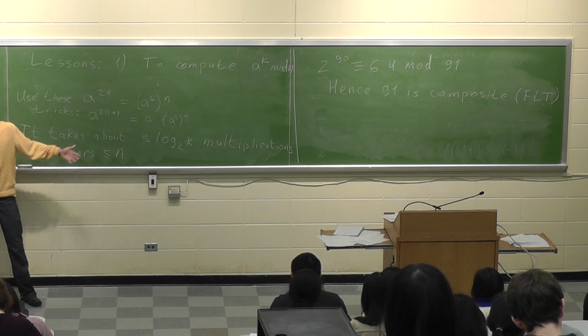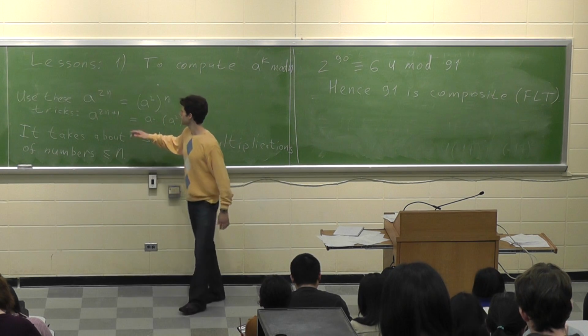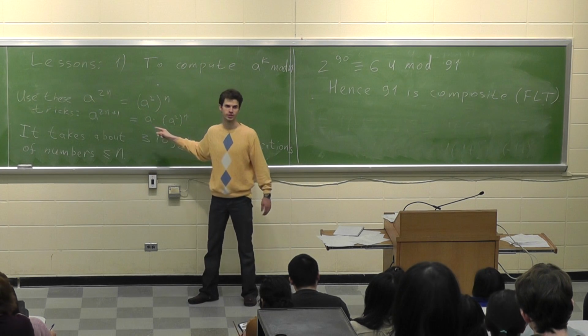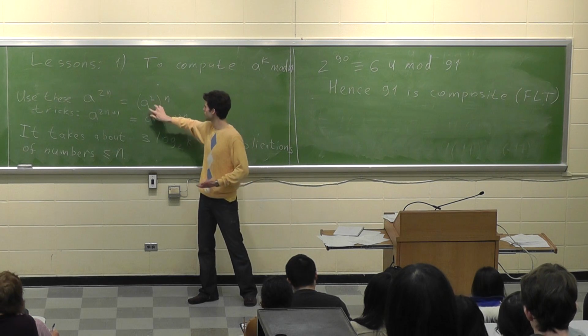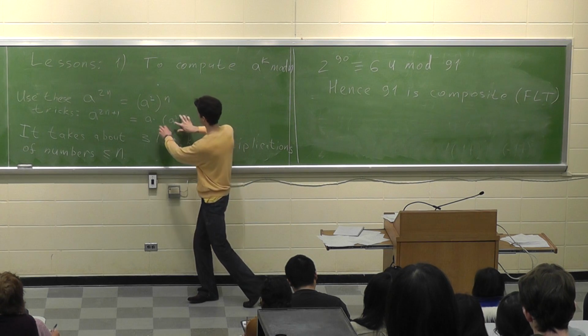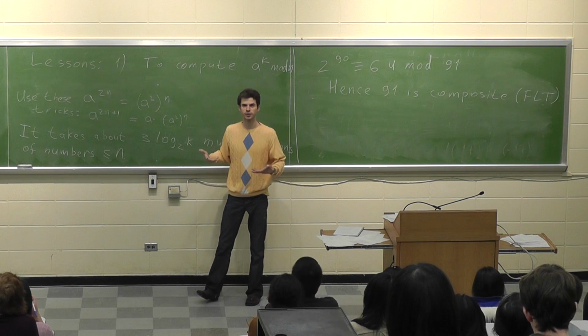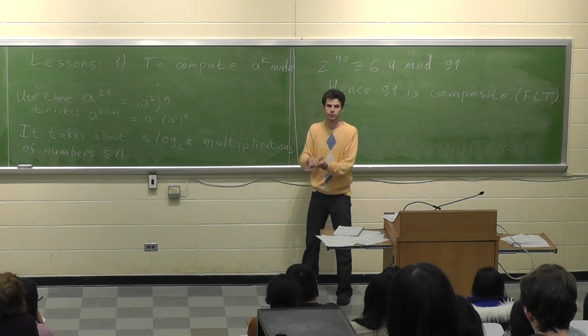So once again, why is that? At each step in our algorithm, we are replacing such a computation by such a computation. At each step we are performing one product or maybe 2 different products. And we are simplifying our problem by a factor of 2. We are decreasing k by a factor of 2.